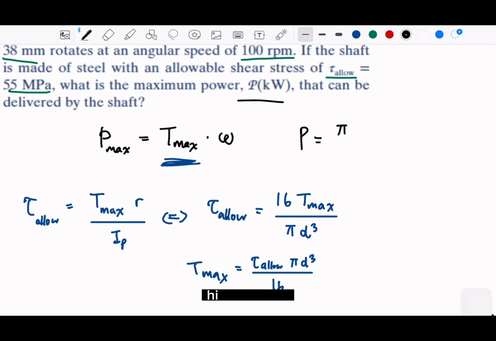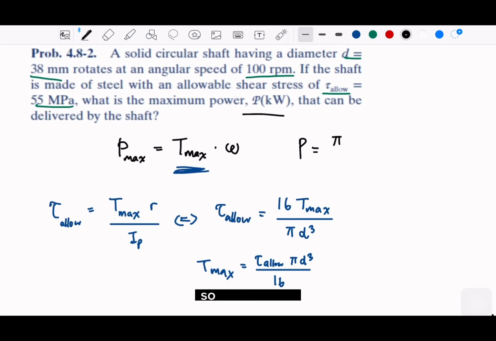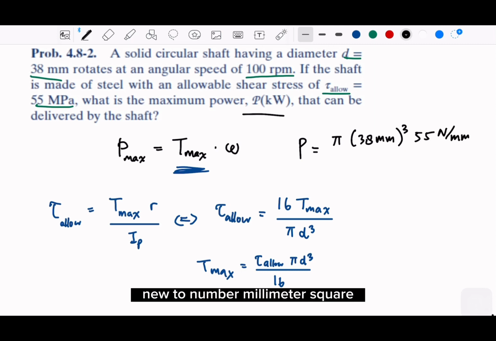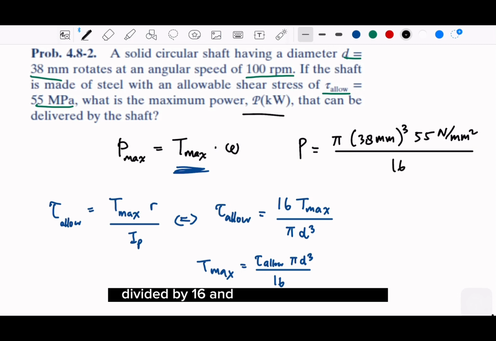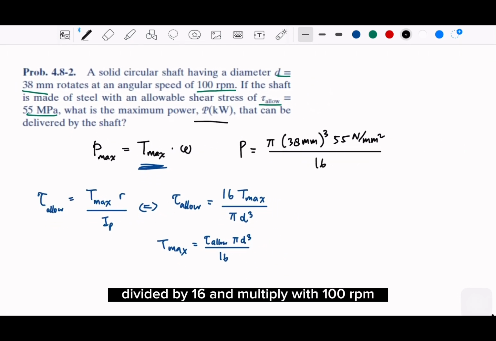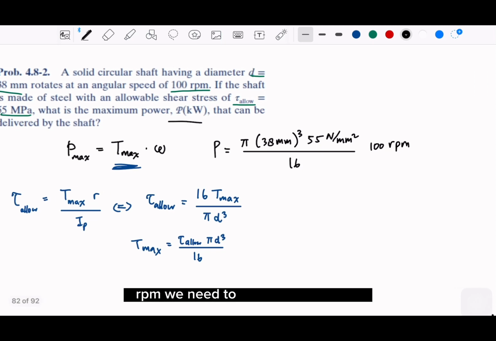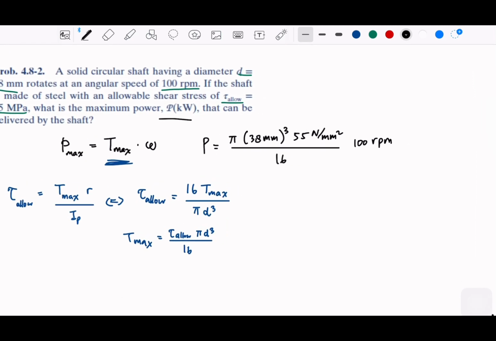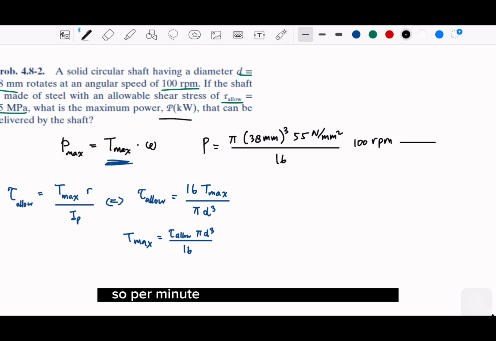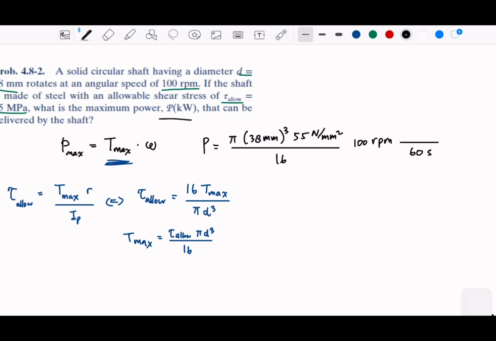So we get the power P is pi, the D is 38, so 38 millimeter cubed, and then it has 55 MPa, Newton over millimeter squared, divide by 16 and multiply with 100 RPM. RPM we need to define and convert, so per minute, so let me take this 60 seconds.